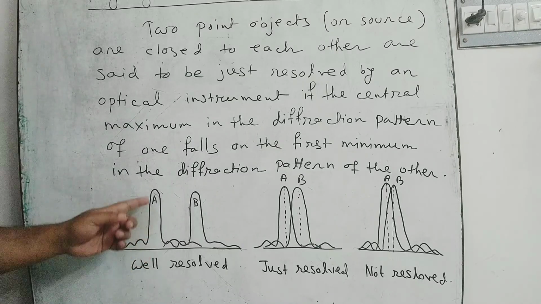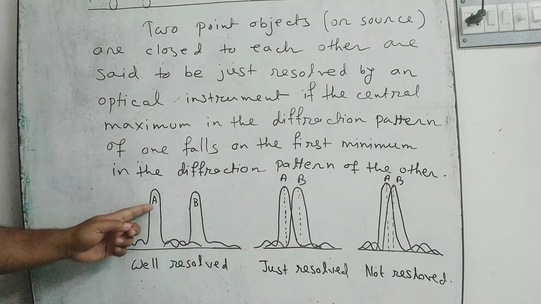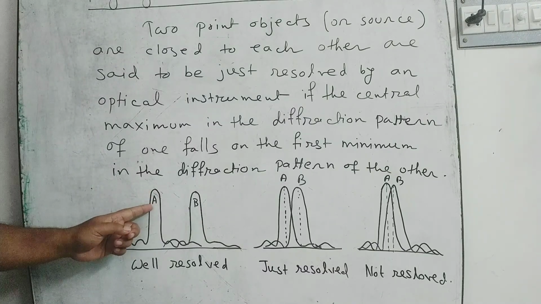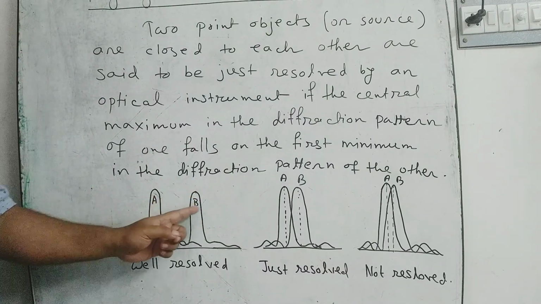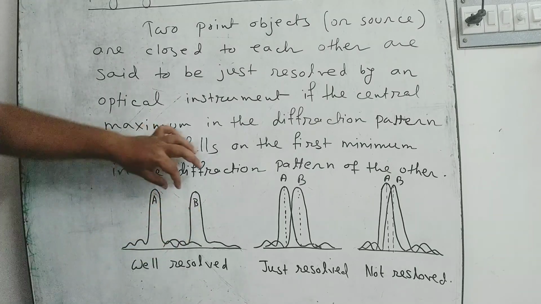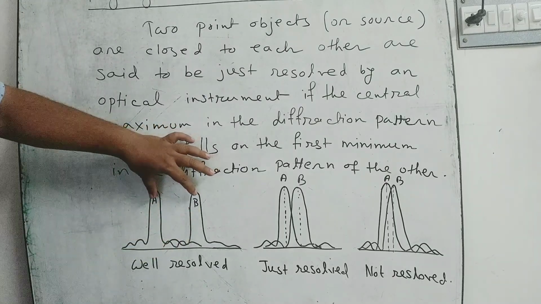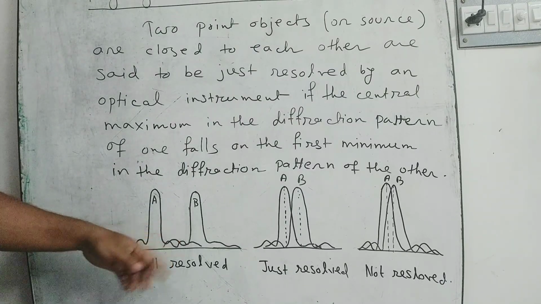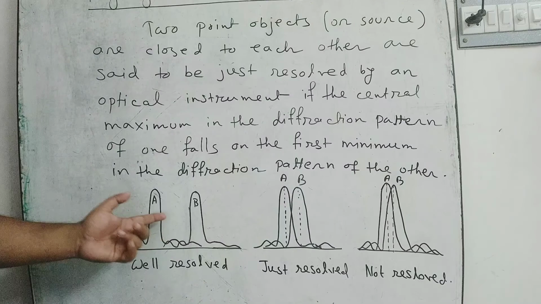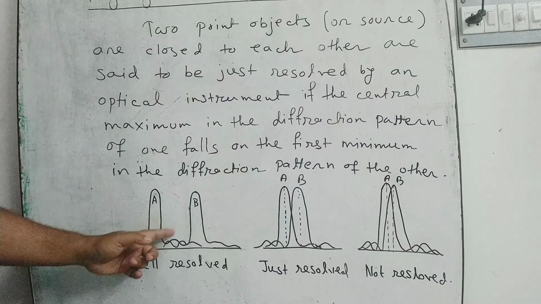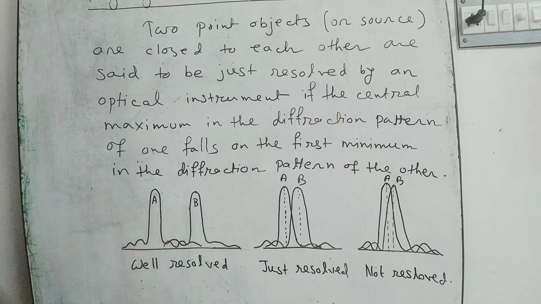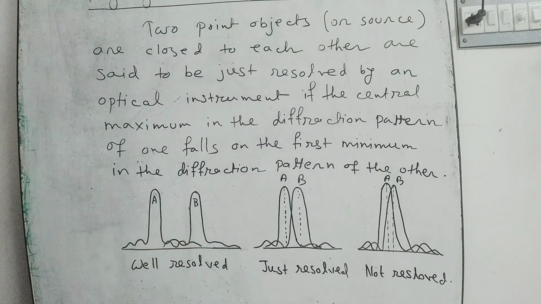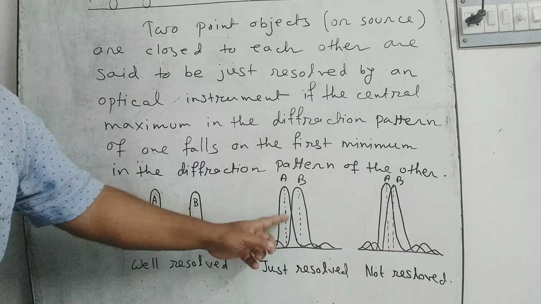In the first figure, this is the central maximum of point A and this is the central maximum of point B. The distance between the two central maxima is large enough that there are many maxima and minima between them. That is, there is more than one maximum and more than one minimum between them. That's why we can say that they are well resolved.